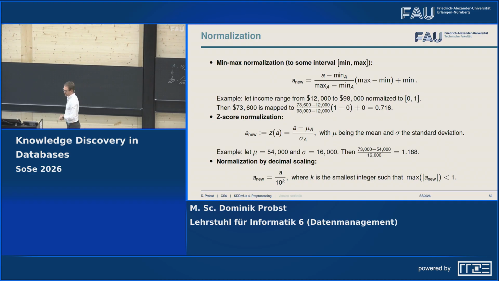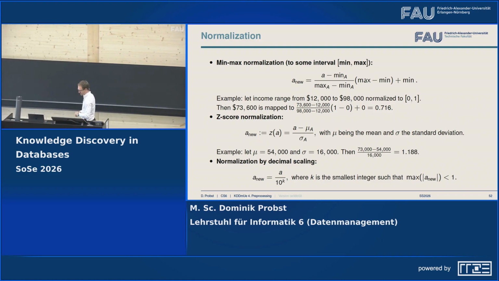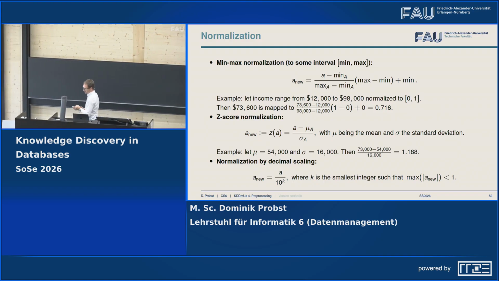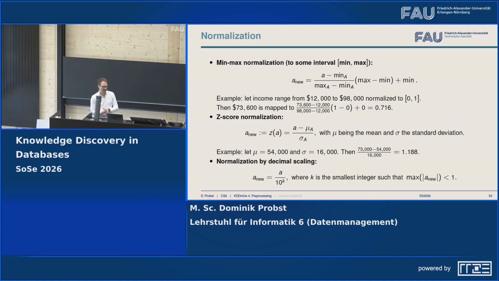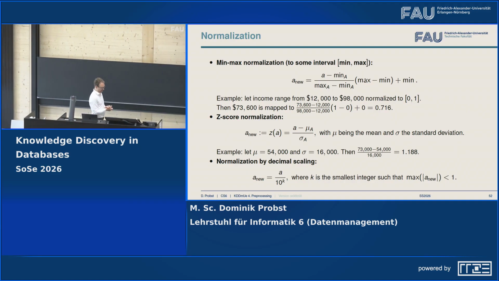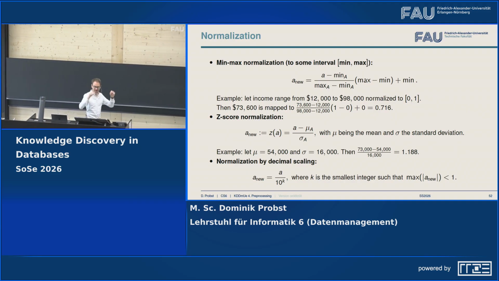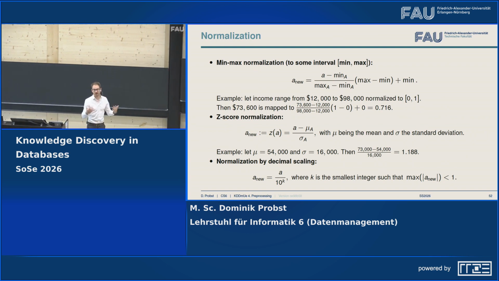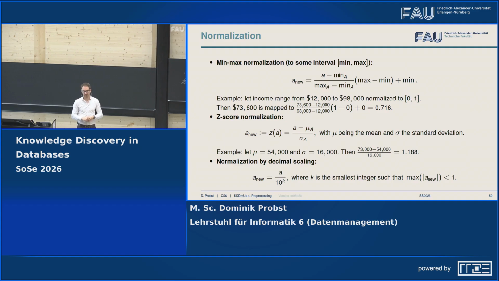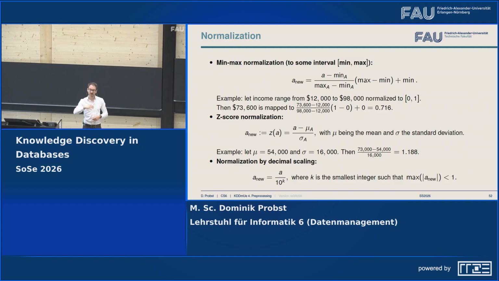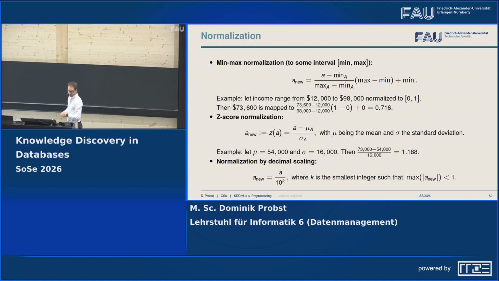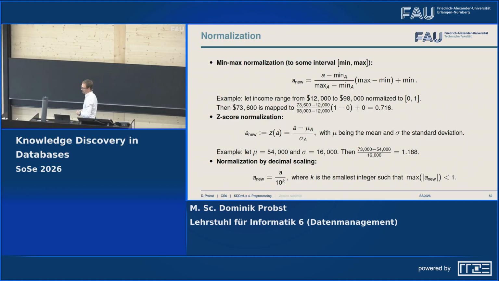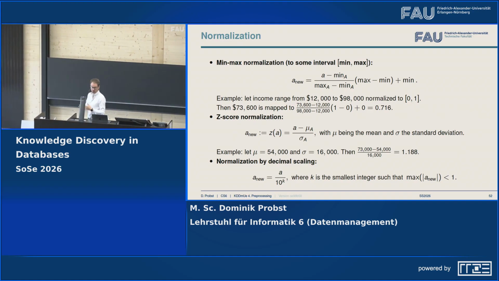Both min-max normalization and normalization by decimal scaling are very good if you have methods that run away with values that are above 1, for example. There are a lot of methods that exponentially multiply values that are bigger than 1. That's often also true for neural networks, by the way.